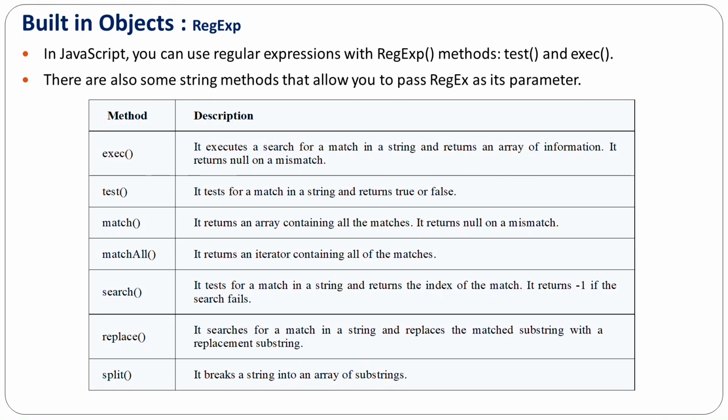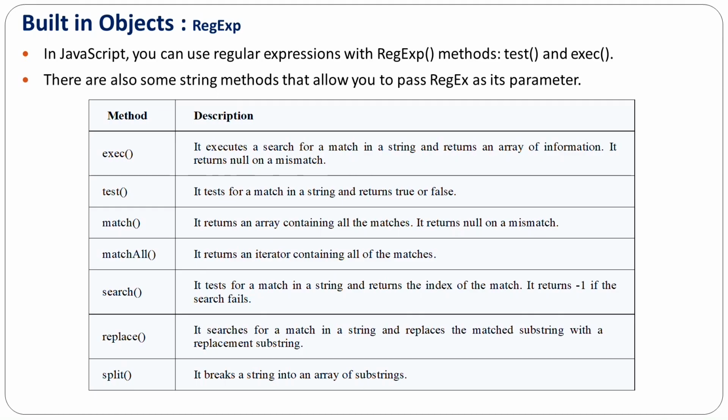The match method returns an array containing all the matches. It returns null on a mismatch. So the difference between test and match is that test checks for a match in a string and returns true or false, while match returns the array containing all the matches.